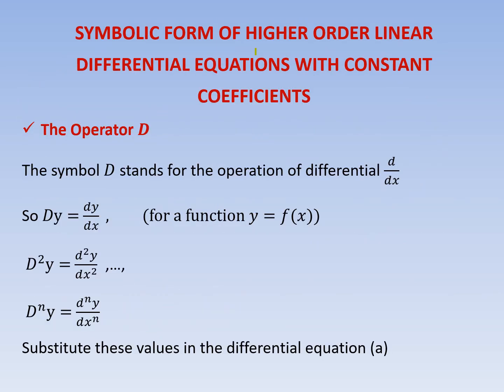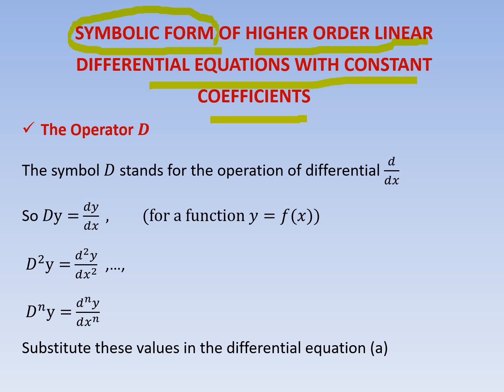Now let us convert higher order linear differential equations with constant coefficients into symbolic form. For this, we introduce a differential operator capital D, which simply represents the operation of taking the ordinary derivative d by dx.